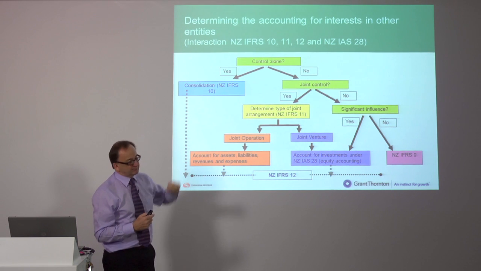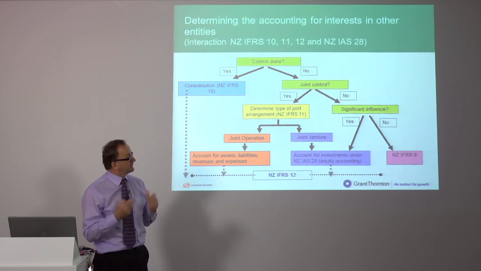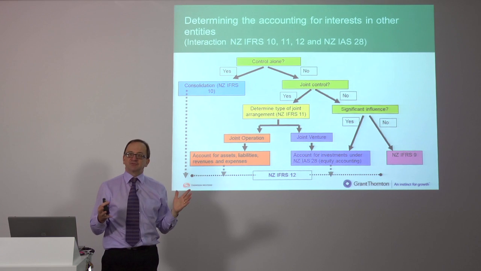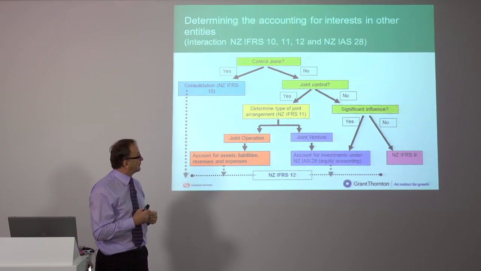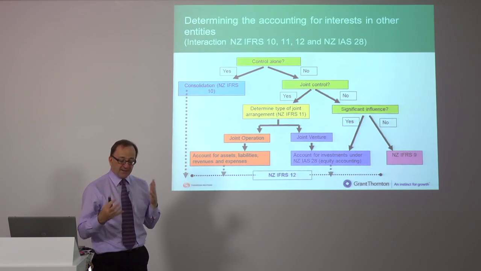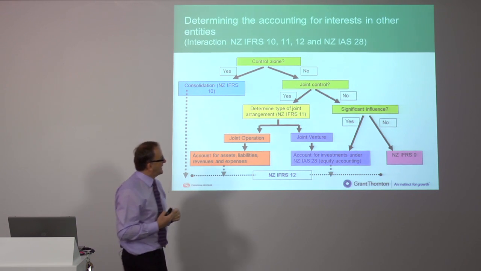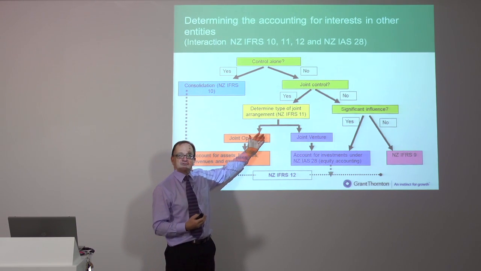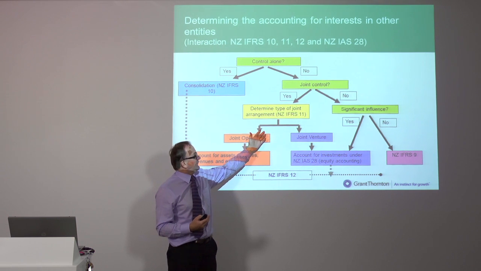But if you don't have control, you've got to then ask yourself, well, do I have joint control? Let's say a 50-50 operation. And again, you come to a decision tree, and you've got to ask yourself, what type of joint arrangement do I have?